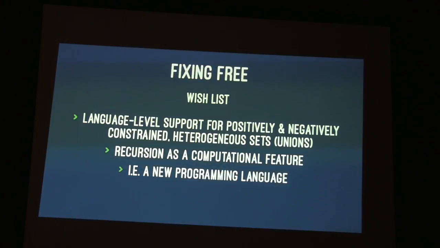Because as I'm looking at a lot of these problems in free, that's basically the situation that we have: we're modeling these different features, and we're basically using coproducts or higher order coproducts in order to describe sets.